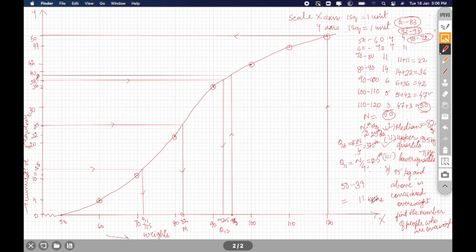You cannot say that there are 11.5 workers, because we cannot count people in terms of half people. It has to be a whole number. Neither can you say it is 10.5 workers. It can be 10 workers, it can be 12 workers also, or 11 workers. So these three values will be considered correct for the fourth part of the answer.